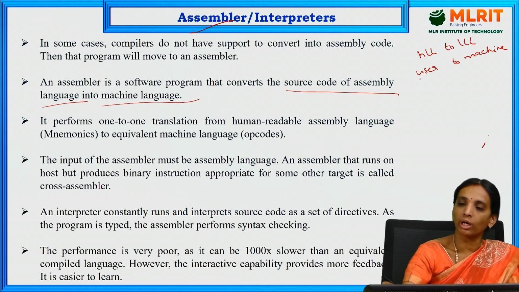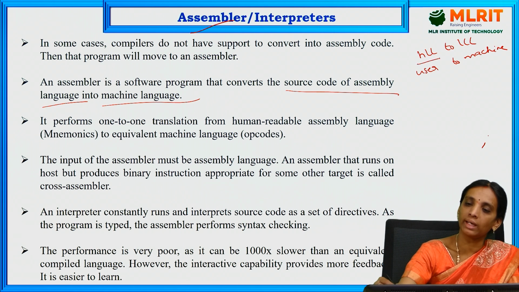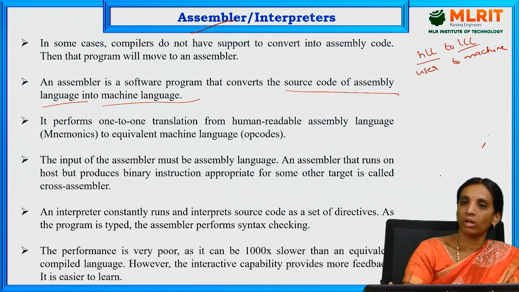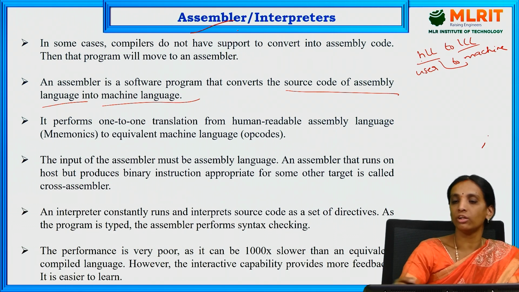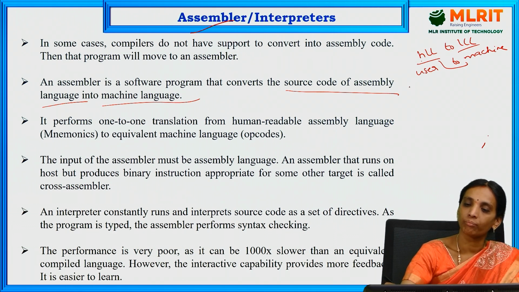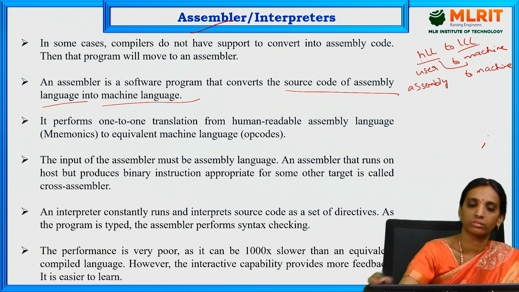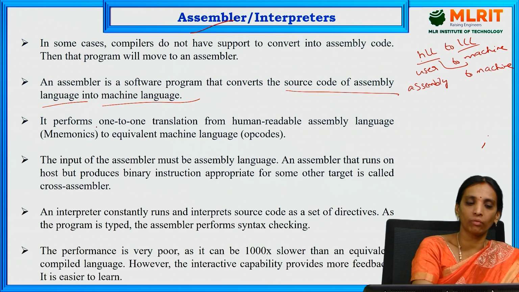Understood? So the compiler is used for converting the high level language into the low level language, high level language to the machine codes. The assembler is used for converting the assembly language to the machine language. See, it performs a one-to-one translation from human readable assembly language to machine language.